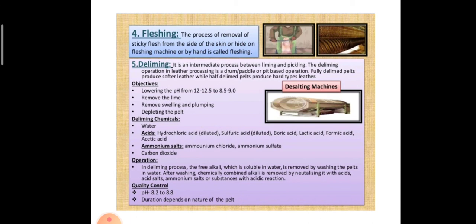Now what about the quality control? pH is to be maintained around 8.2 to 8.8, and the duration depends on the nature of the pelt.